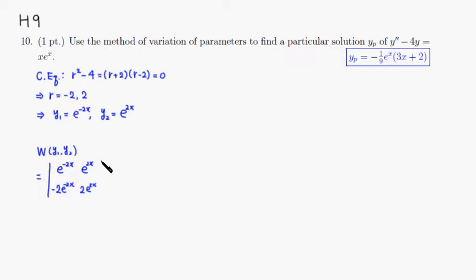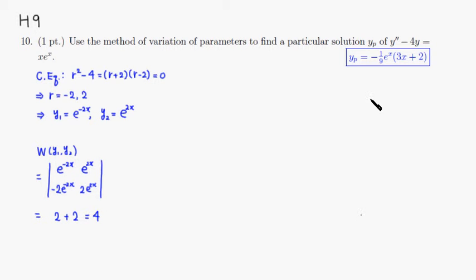Multiplying, the exponentials cancel out, so it's 2 minus negative 2, which is a plus 2. The Wronskian turns out to be just 4.